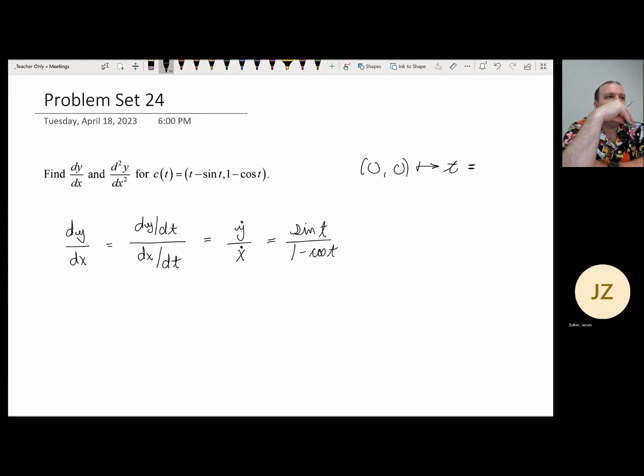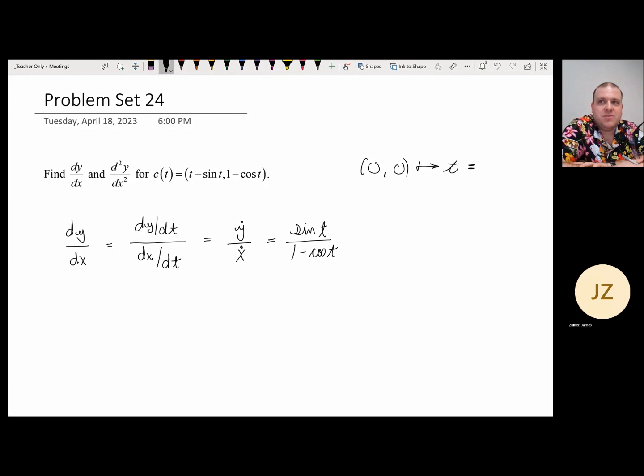Remember that the parameterization gives you x comma y. So we need a value of t that makes t minus sine of t 0 and 1 minus cosine t 0. The easiest one to solve for is y. That would mean cosine t has to be 1. Which means t is what?